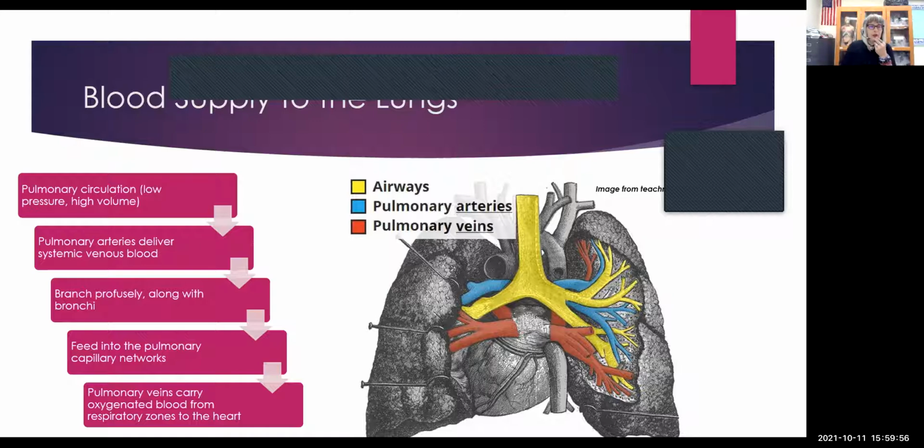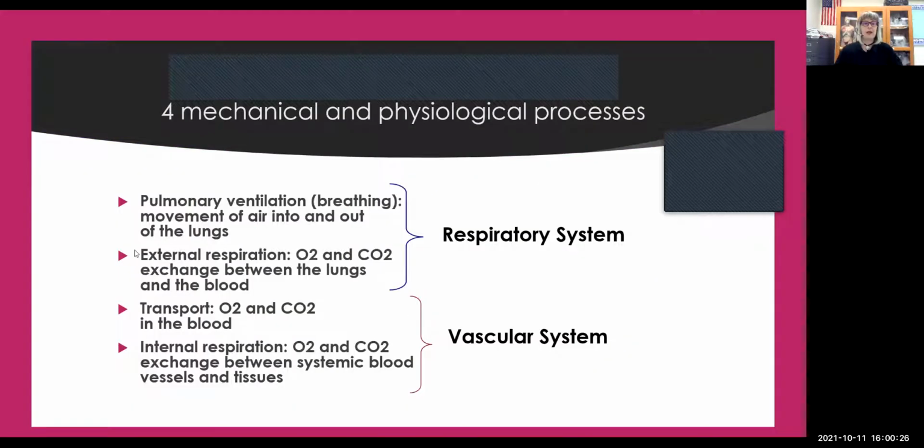The pulmonary arteries will deliver that systemic venous blood to the lungs, and the branches that profusely spread out across the bronchi are going to feed all that deoxygenated blood to all the capillary networks, and then of course exchange the CO2 for oxygen, and the pulmonary veins are going to carry the oxygenated blood from the respiratory zone to the left side of the heart.